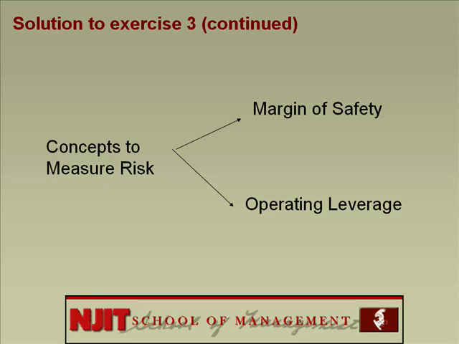But if you read the Wall Street Journal or you read Business Week, you'll see these concepts, margin of safety and operating leverage. You'll see it talked about. Let's start with margin of safety.